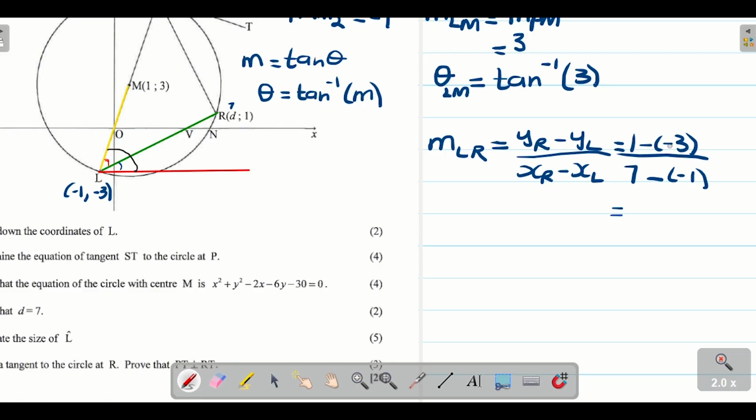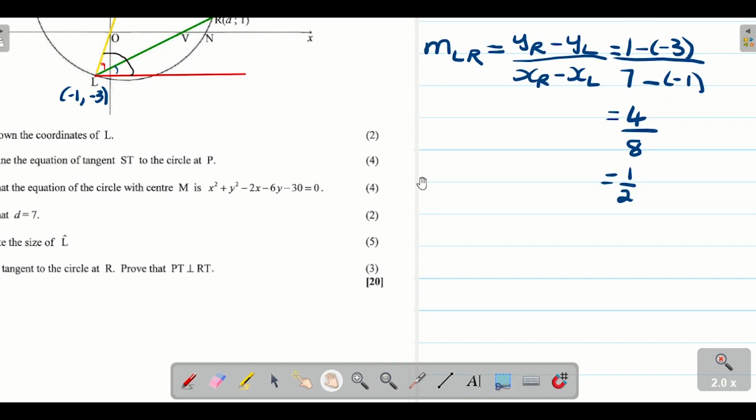Negative times negative will be positive, so it will be 1 plus 3, which is 4, all over 7 plus 1, which is 8. So we end up with a half, because 4 into 4 goes once, and 4 into 8 goes 2 times.